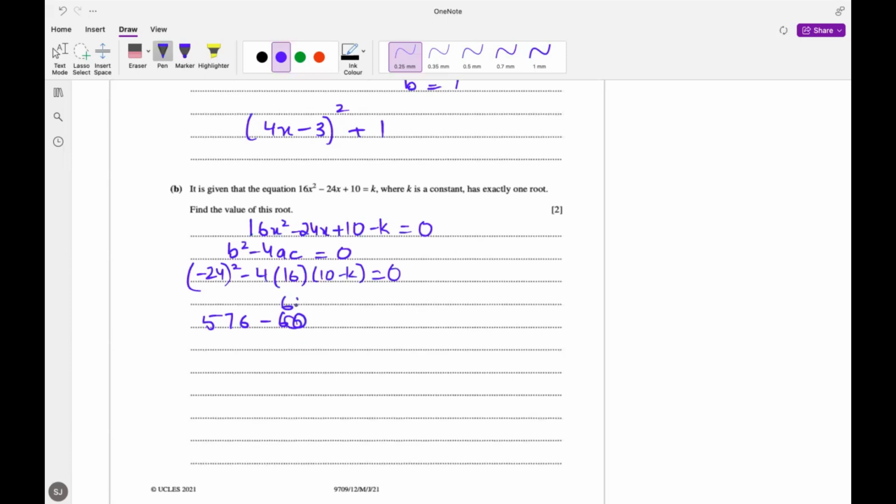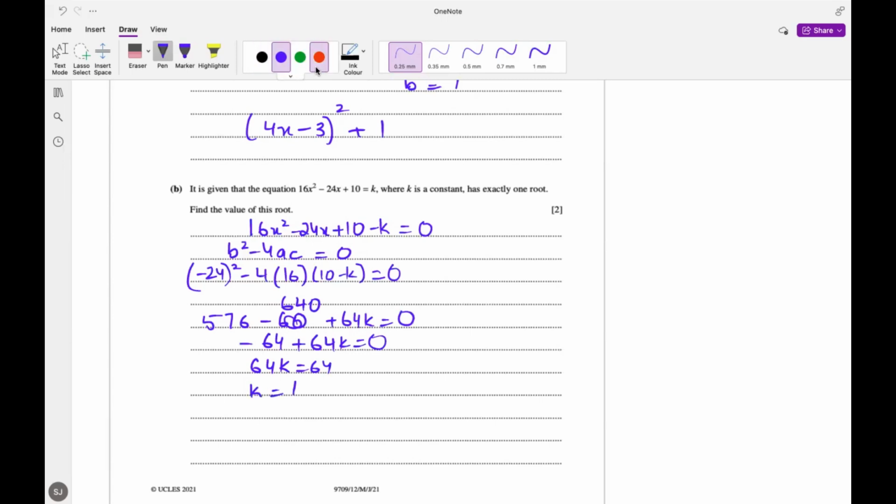And 16 times 4 times minus k will become a plus 64k equals 0. So 576 minus 640 will be minus 64, plus 64k equals 0. 64k will be equal to positive 64. So k will be equal to 1.